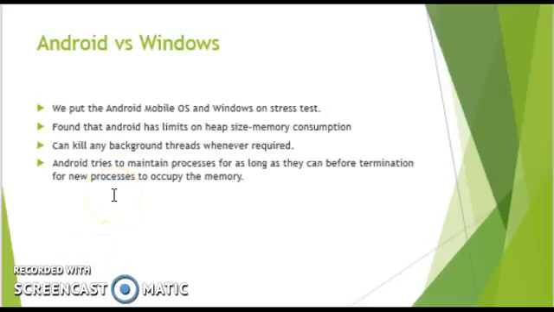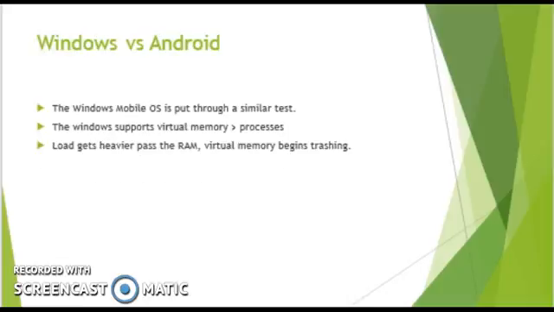Basically, Android tries to maintain processes for as long as it can before termination, for new processes to occupy the memory. Next, the tests on Windows found that the Windows Mobile operating system supports virtual memory and is therefore able to support more processes than Android.